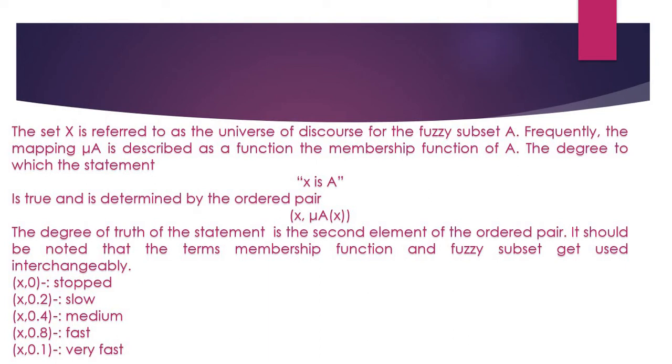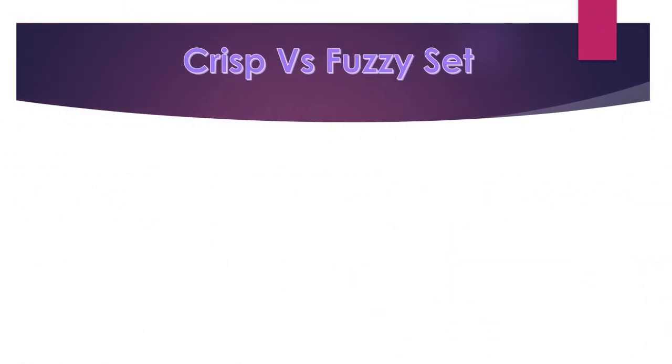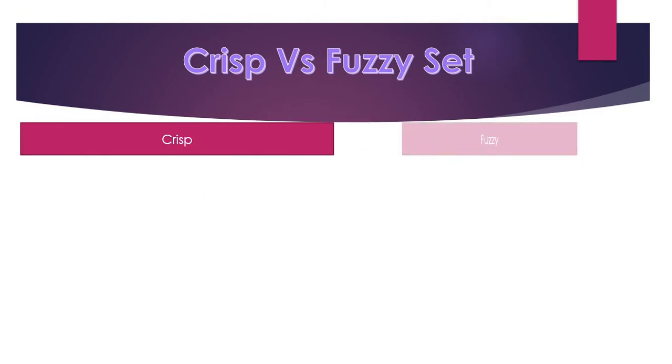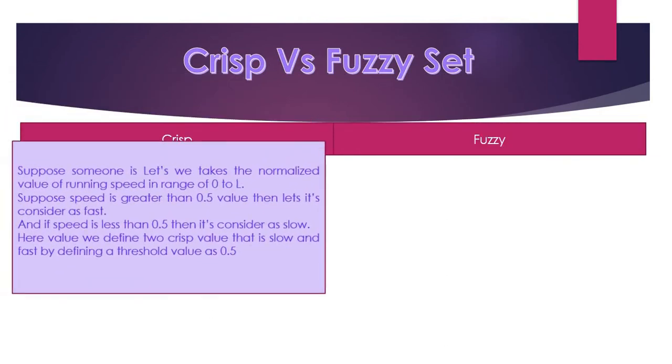Frequently, the mapping mu A is described as the membership function of A. The degree to which the statement 'x is A' is true is determined by the ordered pair (x, mu A(x)). The degree of truth of the statement is the second element of the ordered pair. It should be noted that the terms membership function and fuzzy subset get used interchangeably.